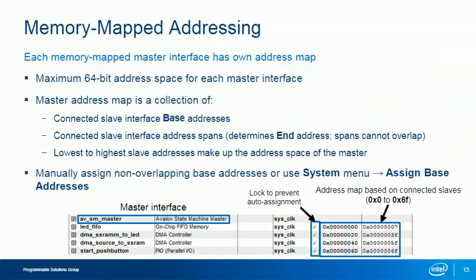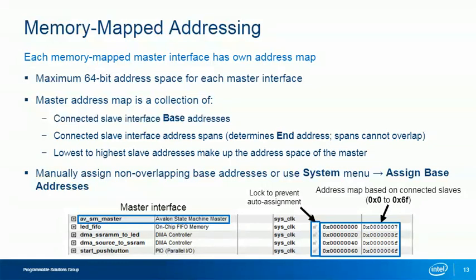The final item to configure on the System Contents tab is the memory-mapped addressing. You can define the addressing for the memory-mapped or control plane portion of your design. Platform Designer supports up to 64-bit addressing. Each memory-mapped master interface has its own unique address map it uses to access the slaves to which it is connected.